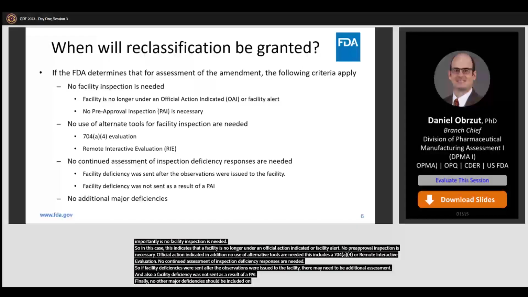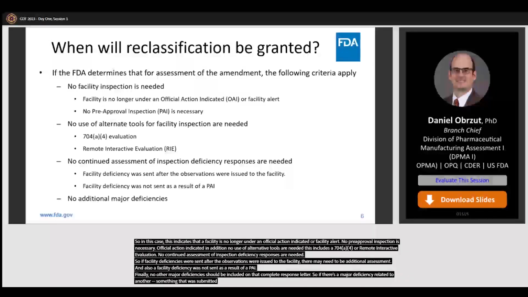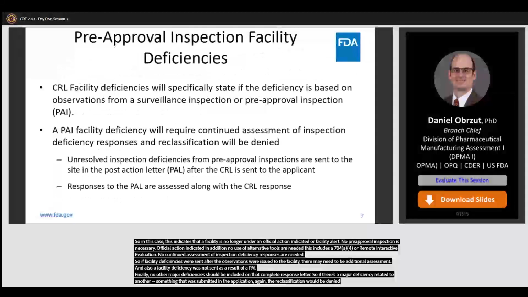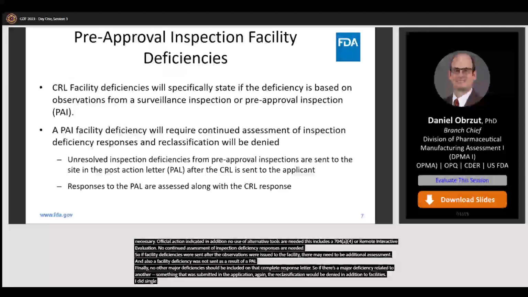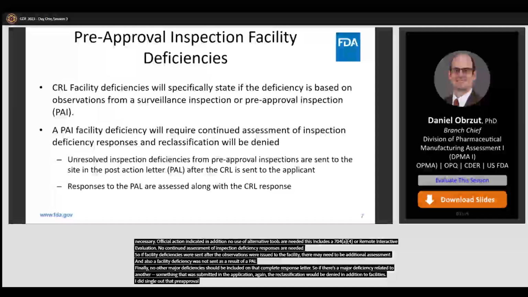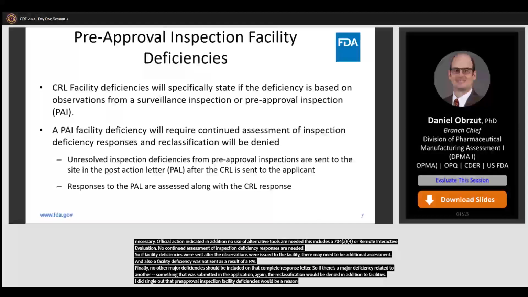If there's a major deficiency related to something that was submitted in the application, again, the reclassification would be denied in addition to facilities. I did single out that pre-approval inspection facility deficiencies would be a reason to deny reclassification.